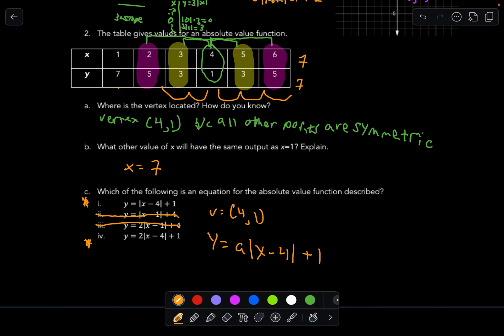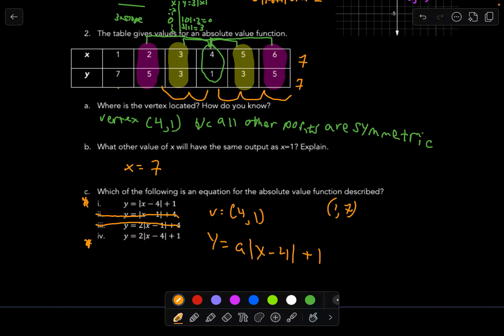So now, how can we pick between these? Well, we choose a point. I'll choose the point (1, 7). I'm going to see which of the two non-scratched off functions will give me 7 when the input is 1.